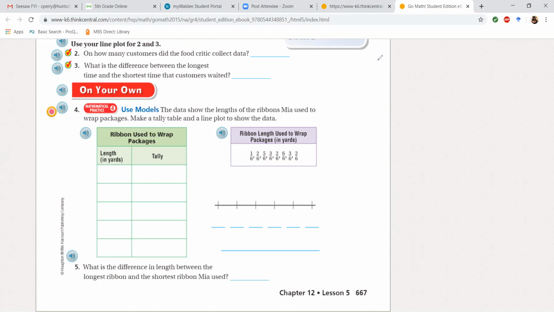Then you will pause the video and complete the problem on your own. When you're done, you can click play again to listen to the problem. Okay. The data show the lengths of the ribbons Maya used to wrap packages. Make a tally table and a line plot to show the data. Okay, pause the video.